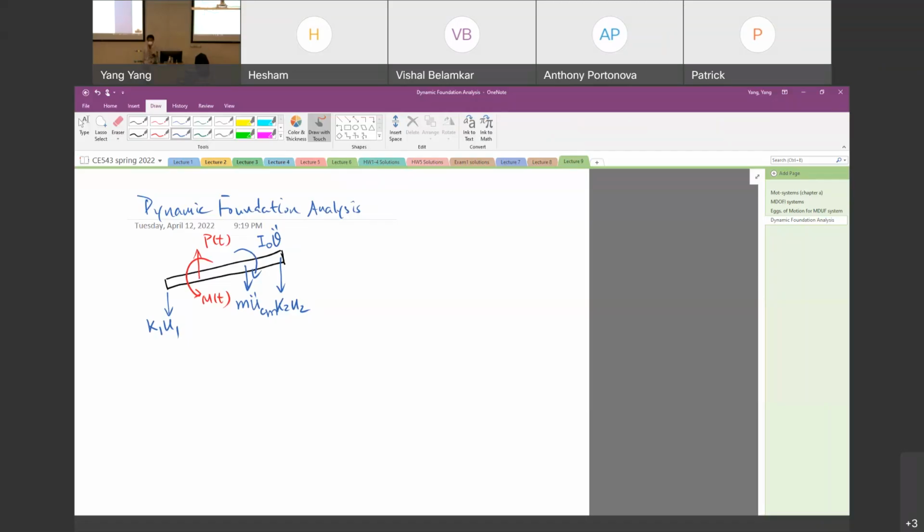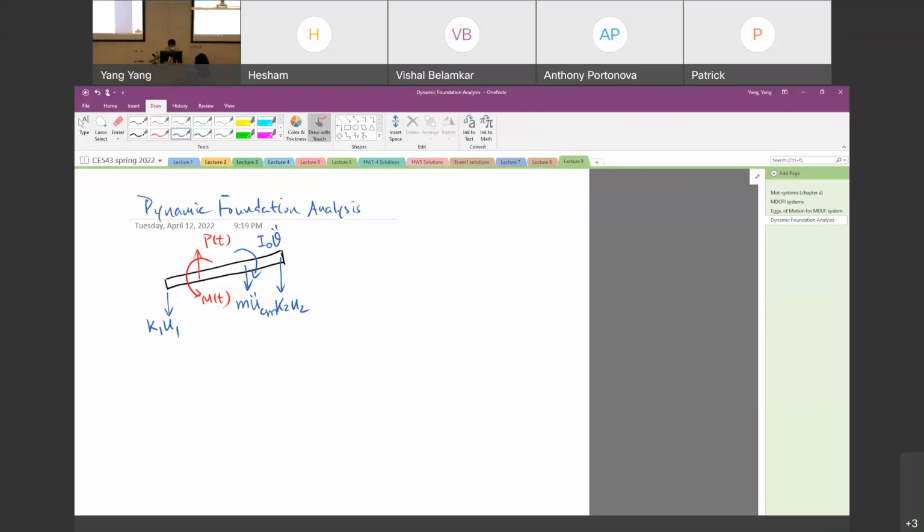So in this case, if there is any rotation, you also need to consider the angular inertial, that's the inertial moment.